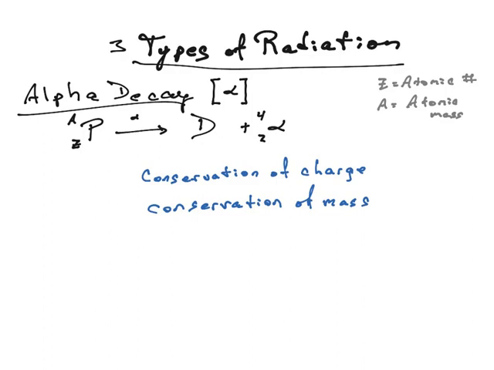But when you talk about nuclear particles or nuclear reactions, you never worry about what happens with the electrons per se, at least not the electrons that are orbiting. You're worried about what happens in the nucleus, and so you only have to worry about the protons. So you look at the atomic number on the left. In this case, we have Z, however many Z is. And then you look at the right, and you add up all those Z's, and you better get the same number.